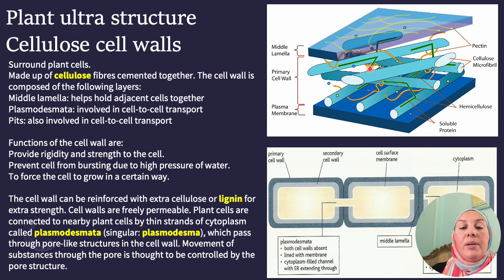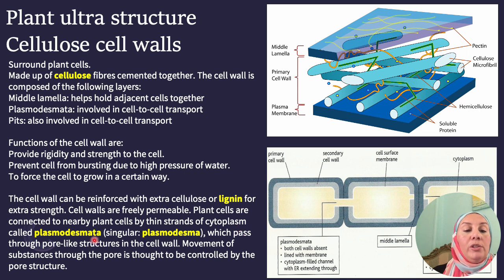But the iron bars have spaces between them. So only smaller chemicals can pass through these bars. That's why it is fully permeable. But if lignin or another chemical that we will learn about later called suberin is lining that cell wall, then it will become impermeable.